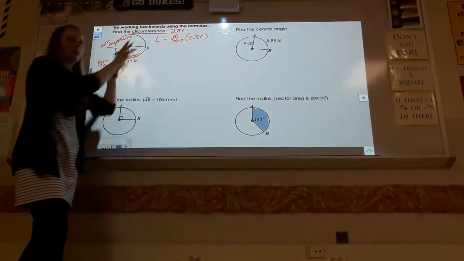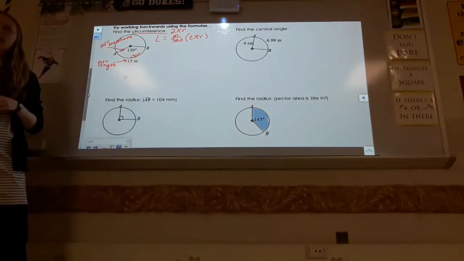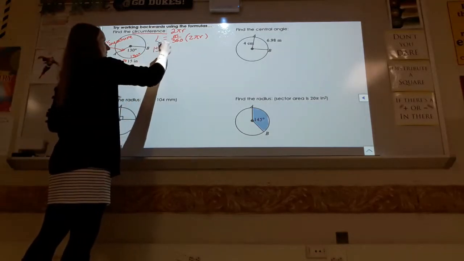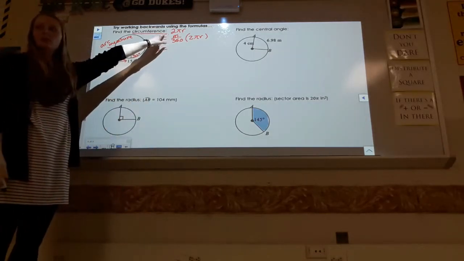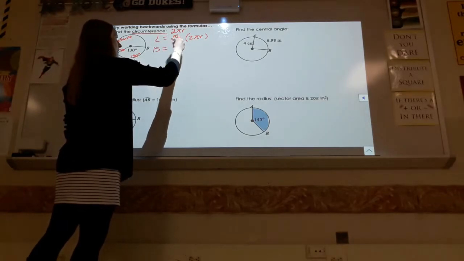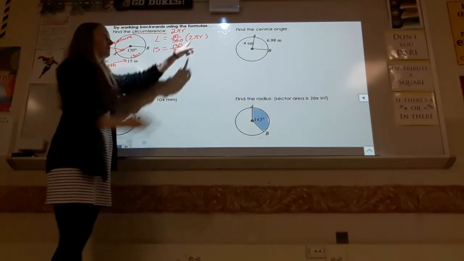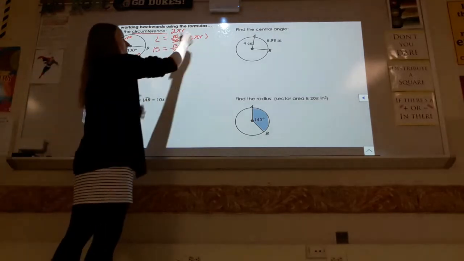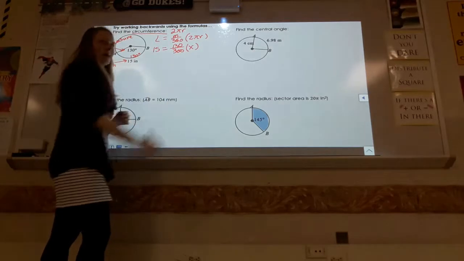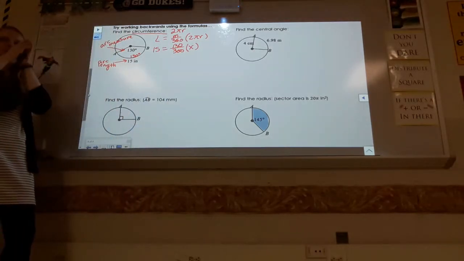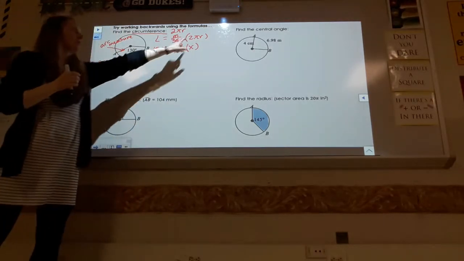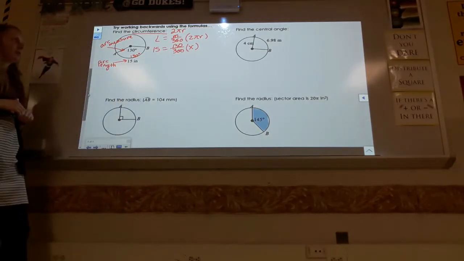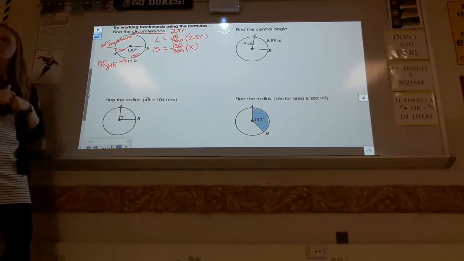This is an abbreviated way of writing it, but that's what the formula is for arc length. Do I know what the arc length is? 15. Do I know what arc measure is? 130. Do I know what the circumference is? No, that's what we're looking for. So instead of writing 2 pi r, I'm going to write that as x, because I'm looking for what 2 pi r is as a whole. So I'm just going to write an x right there, because that's what I'm looking for. Looking for circumference. Alright, so how would I solve this? Use your algebra.